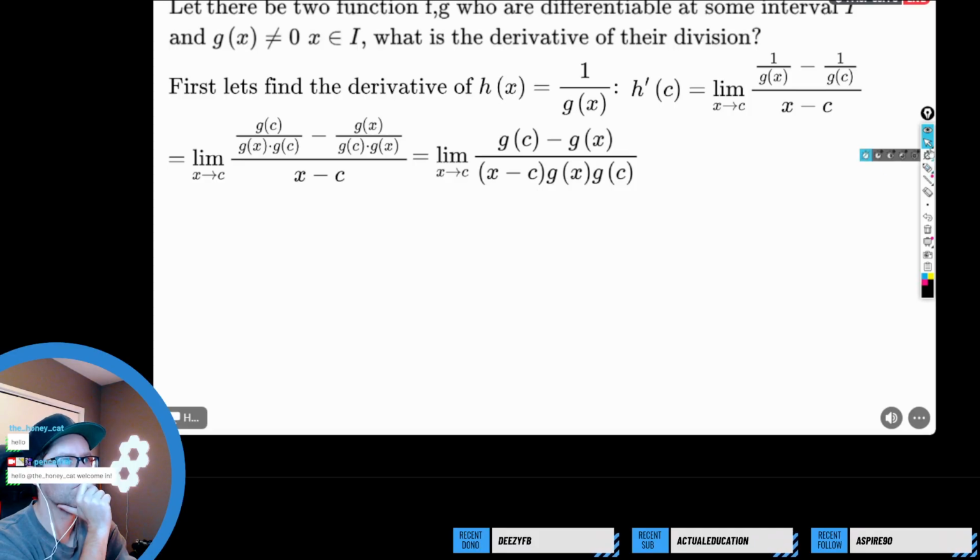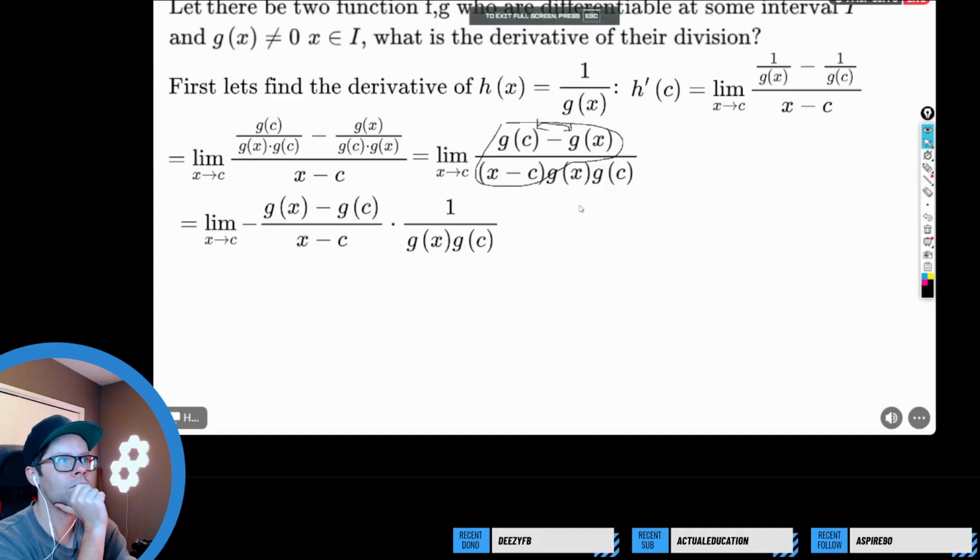And this is just the derivative of a function, but the opposite, because of the minus, they are flipped. So we end up getting this.